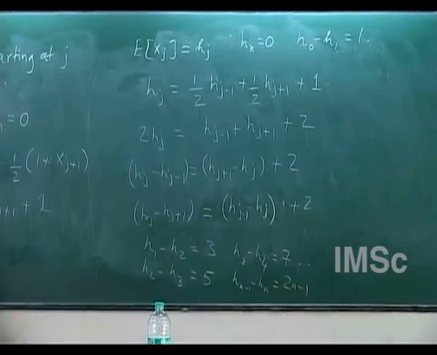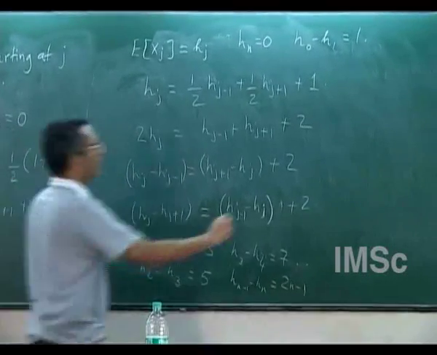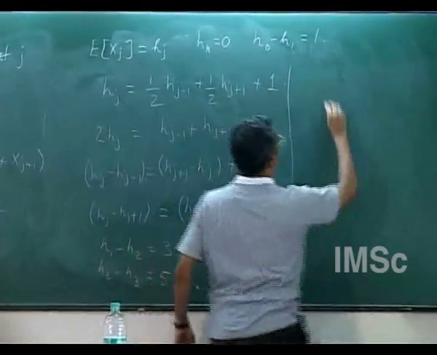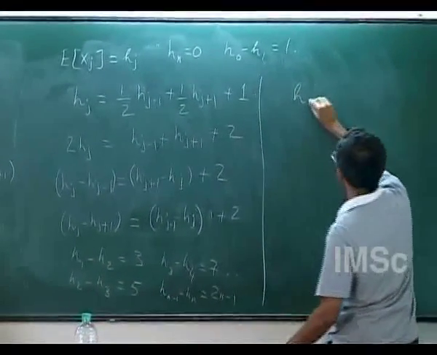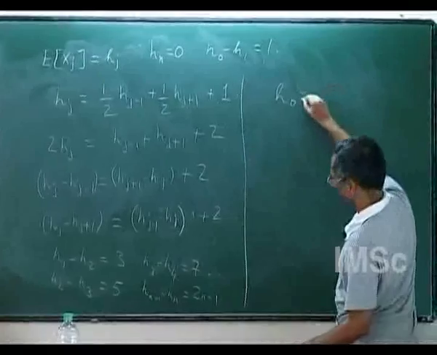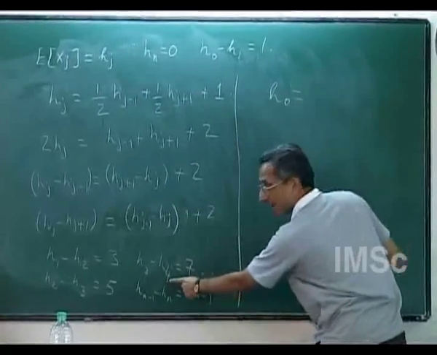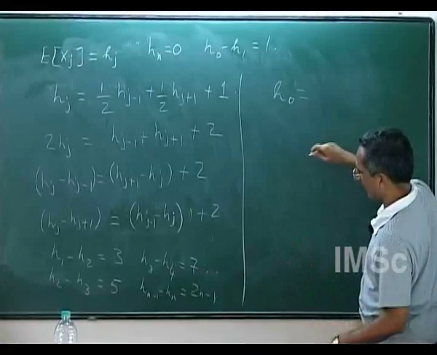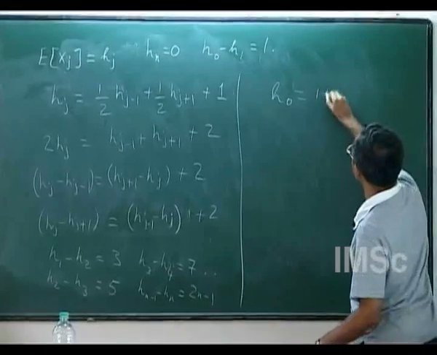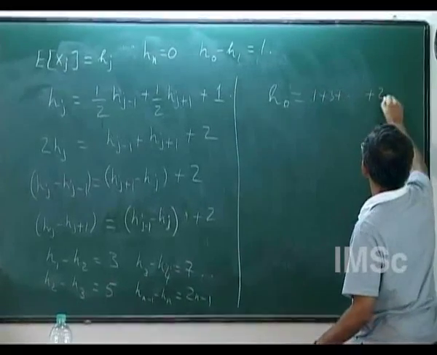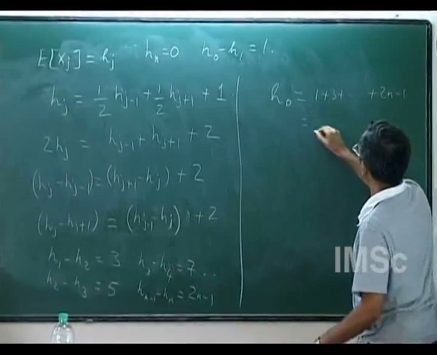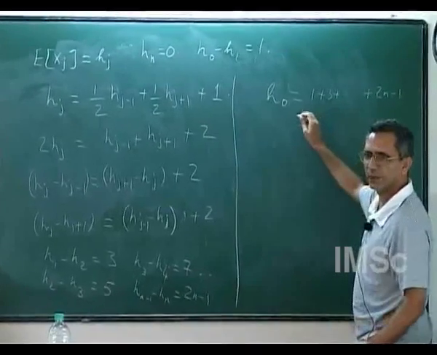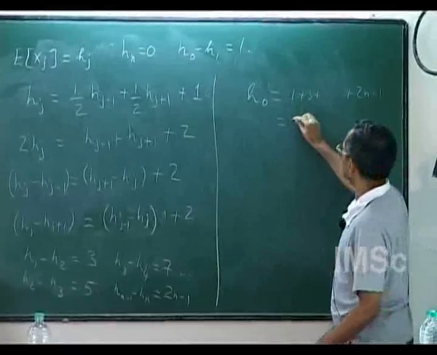So if I add up everything, I get h0 is 1 plus 3 plus up to 2n minus 1, which is just n square, no? This is just n square.